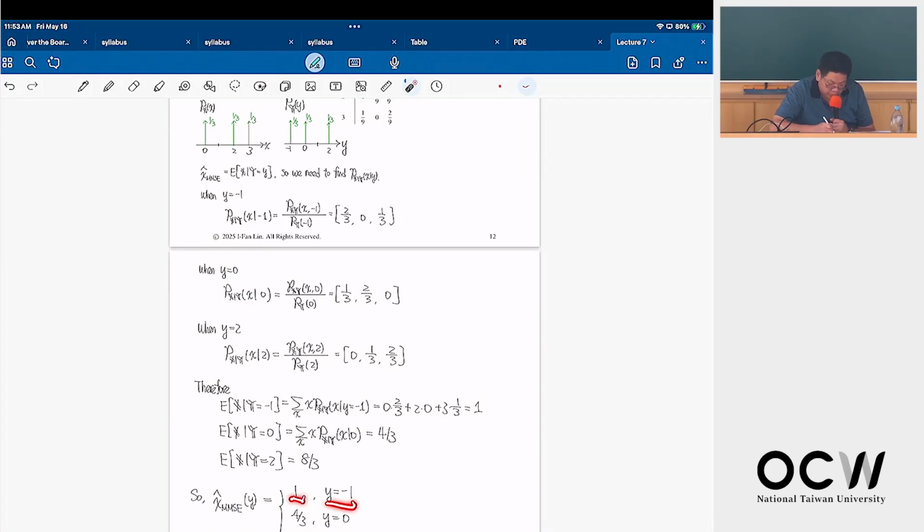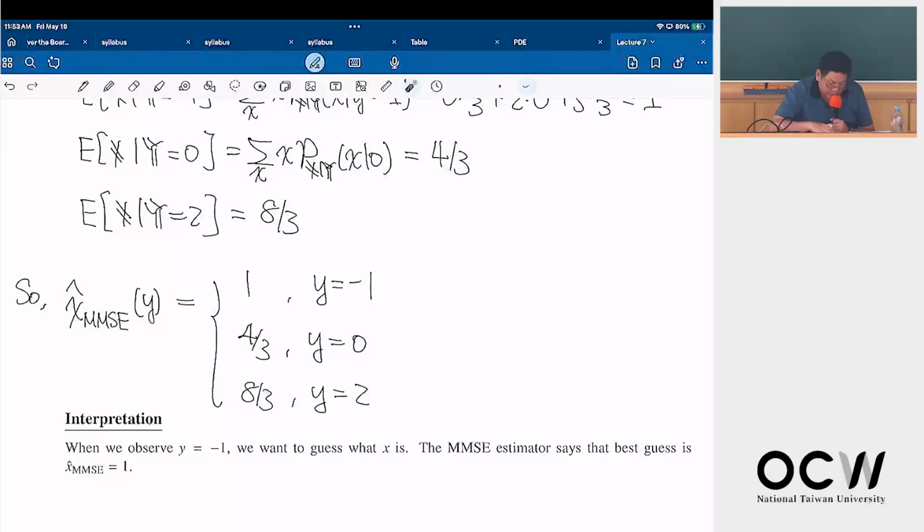When Y equals -1, I expect X should be 1. When Y equals 0, I expect X should be 4/3. When we observe Y equals -1, we want to guess what X is, and the minimum mean square error estimator says that the best guess should be 1. And when Y equals 0, the best guess for X should be 4/3.